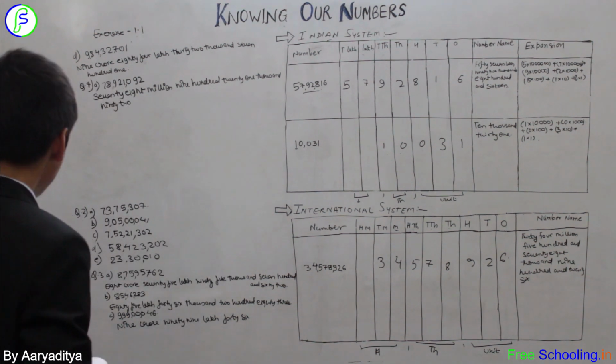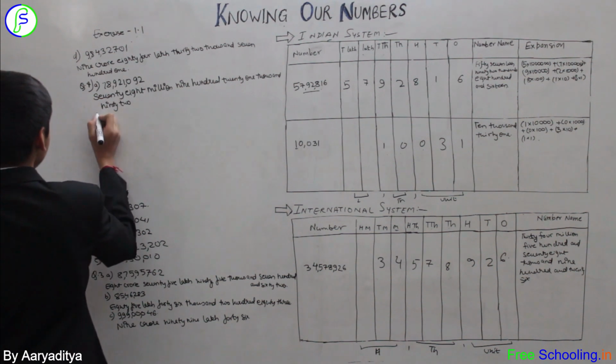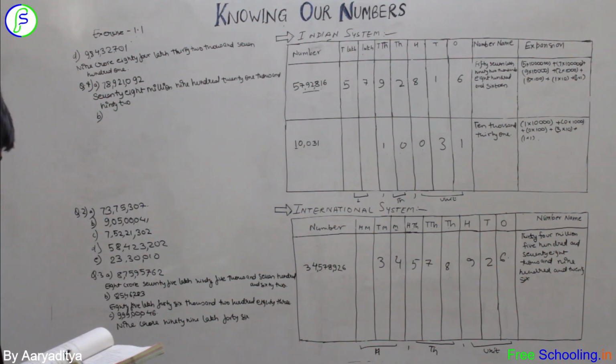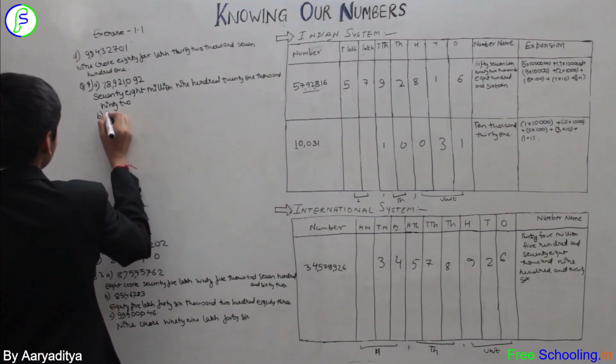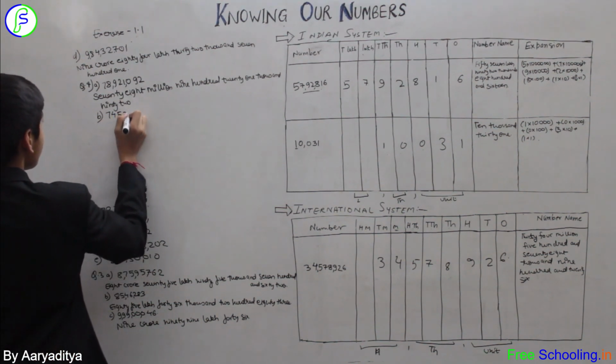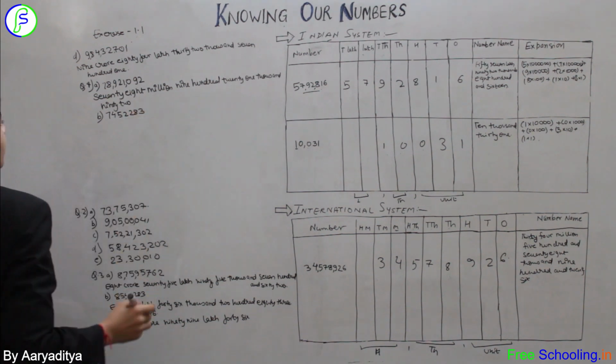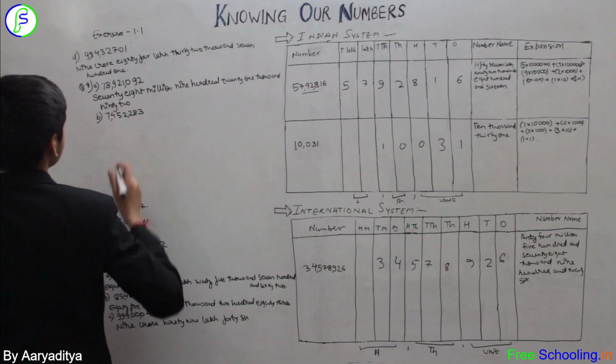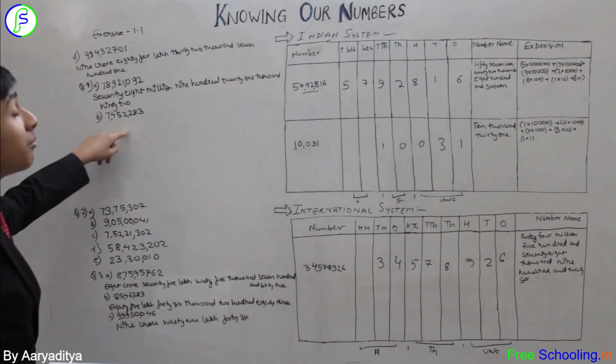Okay, so moving on to the B part. B part says 7452283. Okay, so now insert commas according to the international system. So this is the number that we get.